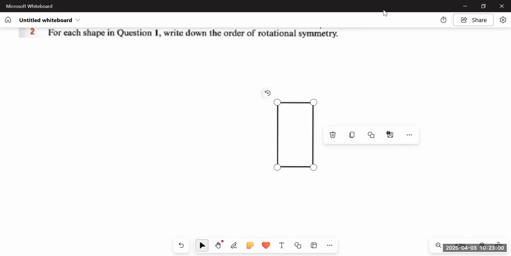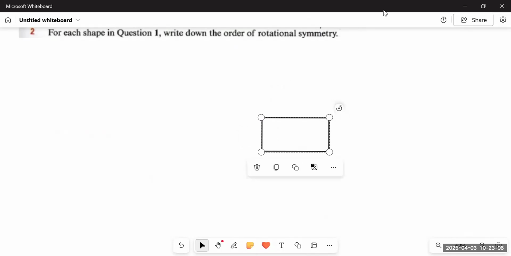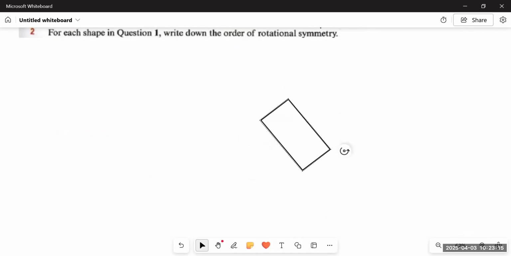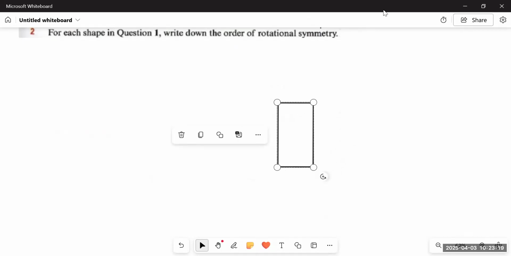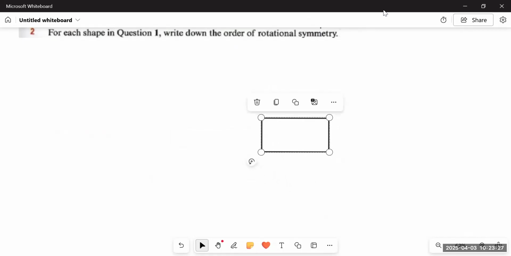Then I will turn it once more by 90 degrees, and now it looks exactly the same as it was in the first place. Then I will turn it one more time by 90 degrees, so it again does not look the same as its first shape. And then the last turn, that is the complete 360 degrees, so again it will look the same.